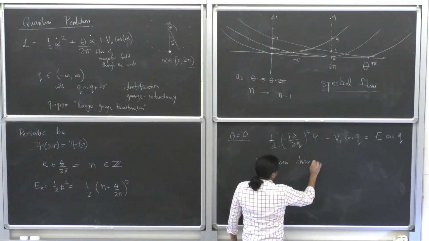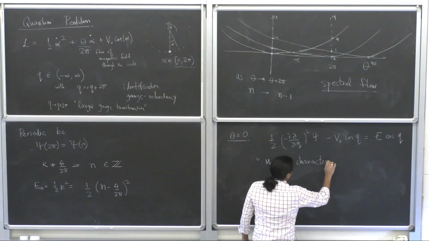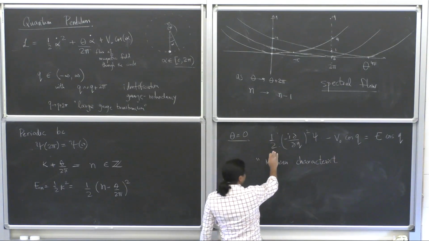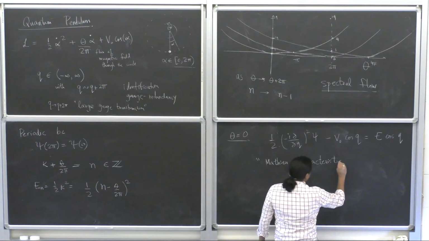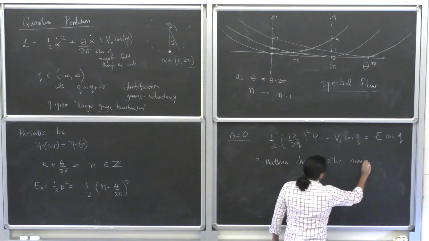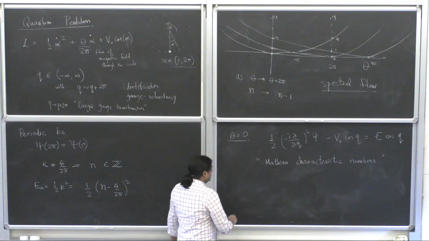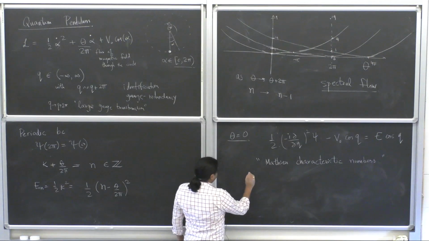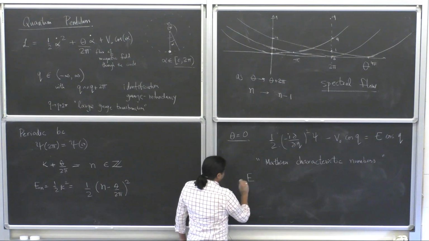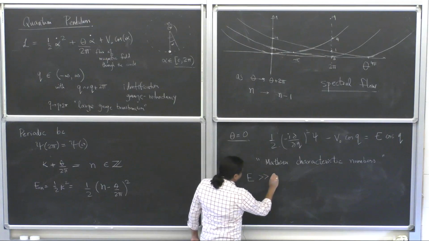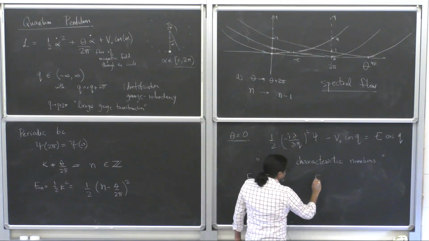The Mathieu functions are the eigenstates of this equation, and Mathieu characteristic numbers will give you the energy eigenvalues. And so what you can compare is the spectrum for energy much bigger than V0 and energy much less than V0.